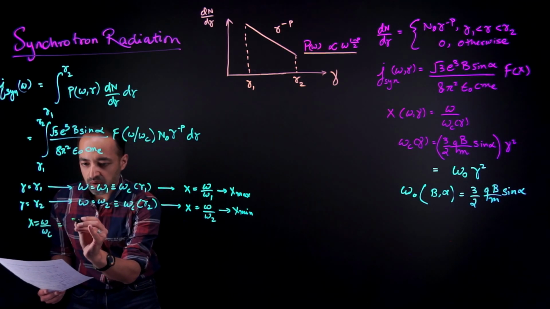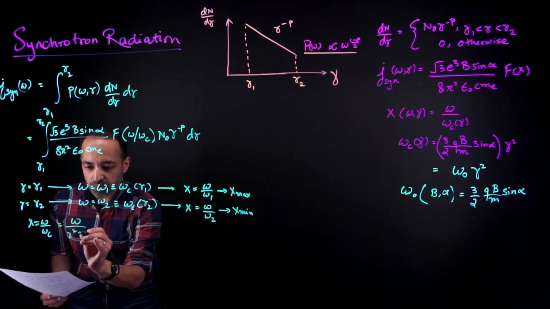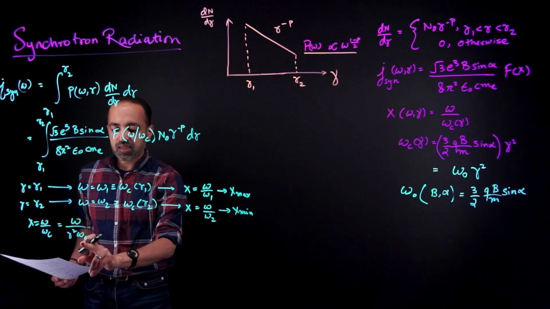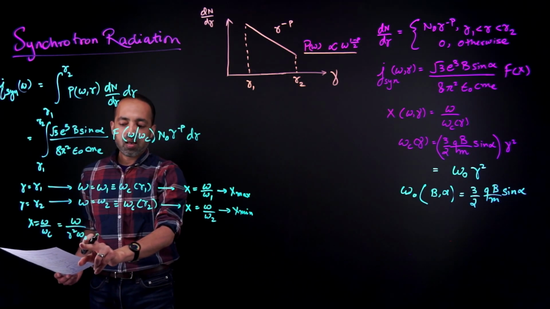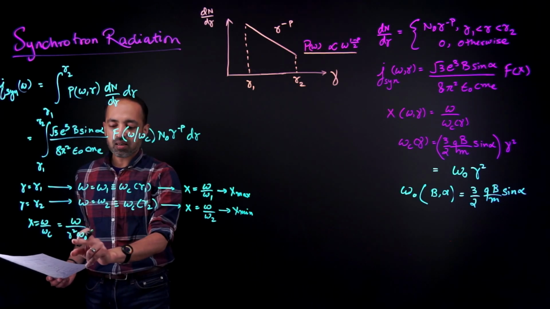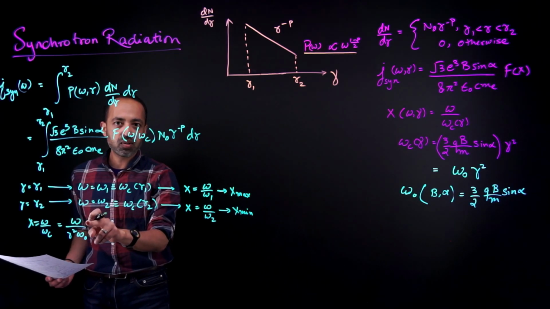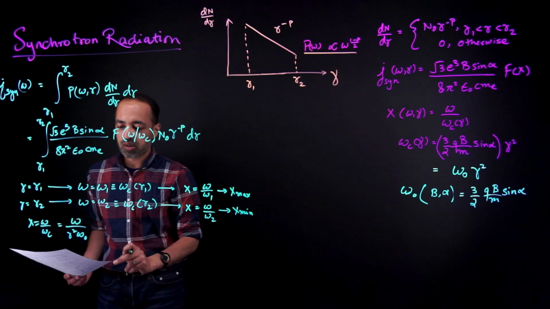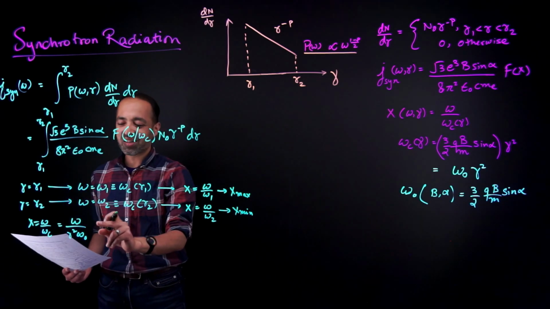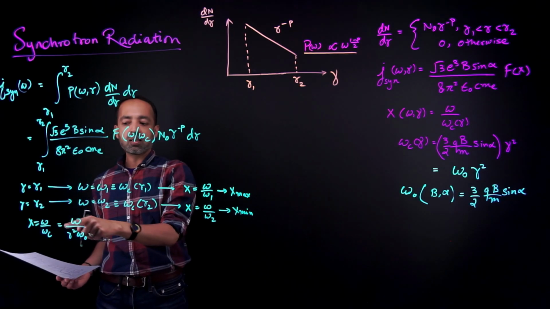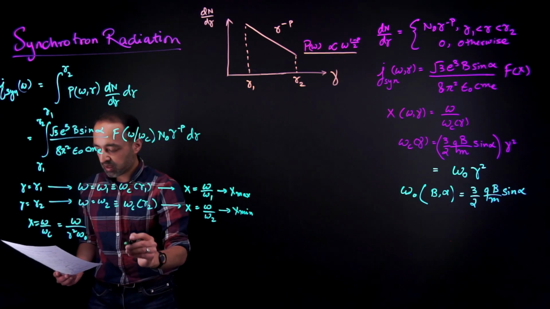And that is omega over gamma squared omega naught, where I'm using this expression omega naught. Because this thing doesn't depend upon gamma, the gamma dependence is all in this gamma squared, and of course omega itself doesn't depend on gamma. This is just a fixed variable, the frequency at which we're calculating the radiation. So then that allows us to determine d gamma in terms of dx.